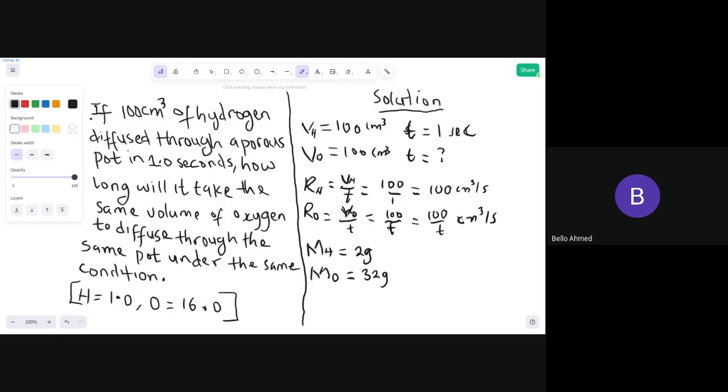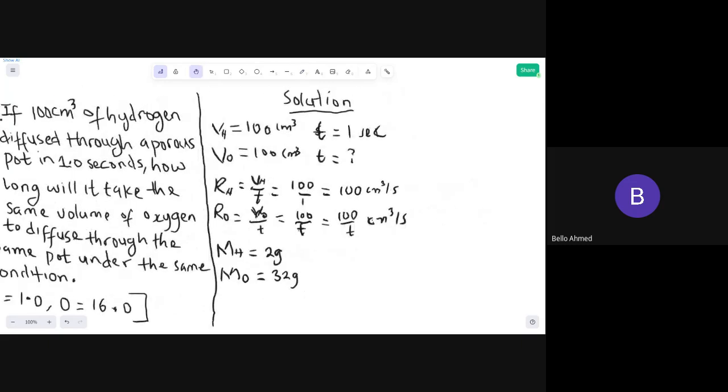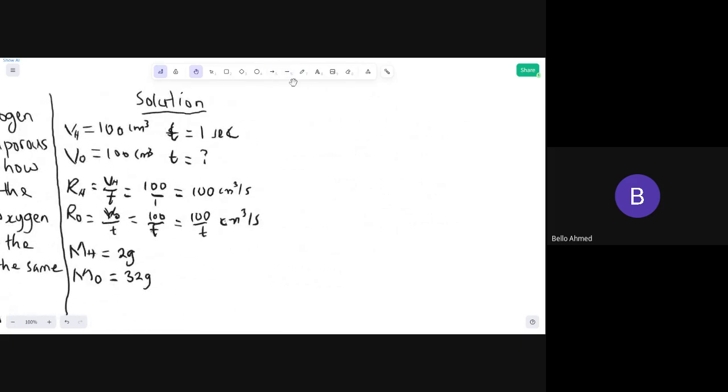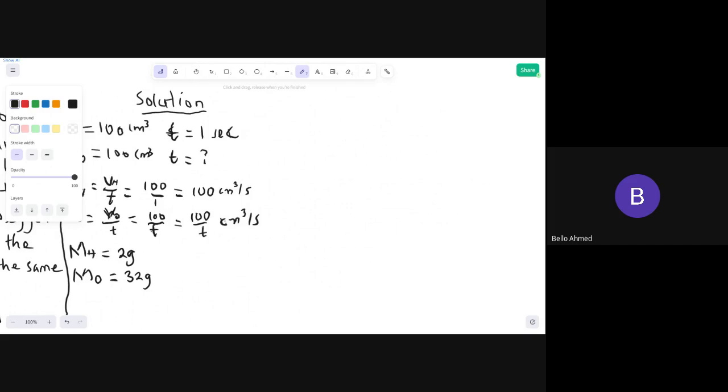Now it's very perfect, meaning that we have all the parameters to substitute. Very good. Now let us substitute all these parameters into our formula. What is our formula? It is the rate of diffusion of hydrogen. Remember, you can start with the rate of diffusion of any gas.